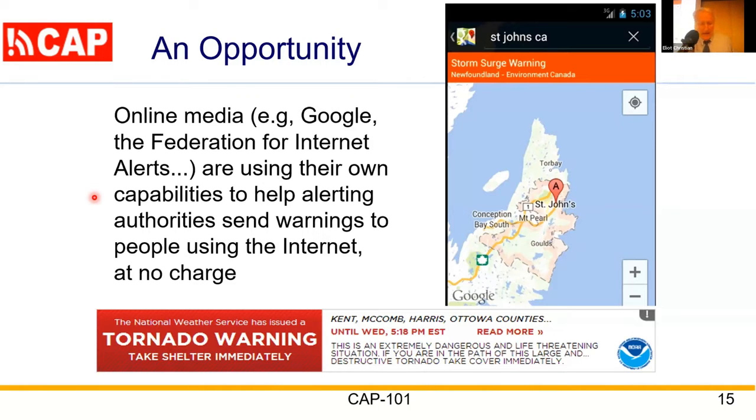Here we also see a tornado warning from the US National Weather Service. And this one is overriding the web advertisements that are seen by users who happen to be in the alerting area. Digital billboards also carry CAP messages in the United States as well. And that's a very smart advertising strategy for them.